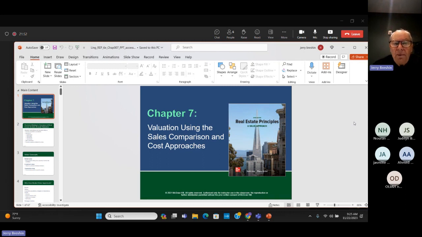Whenever a property is purchased, the contract allows for an inspection, which is your right as a buyer to take a look at the property from the perspective of a knowledgeable inspector to see if that property is in good condition, if there's anything there that the buyer should be aware of.